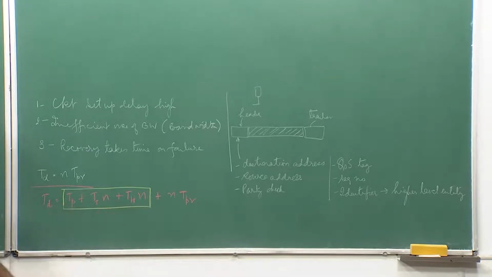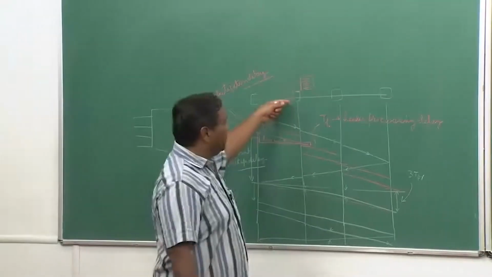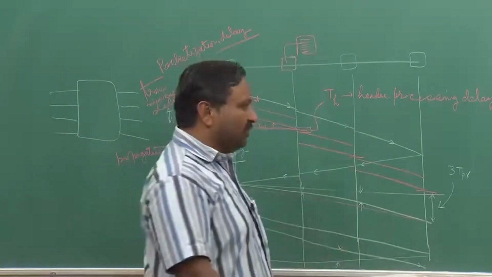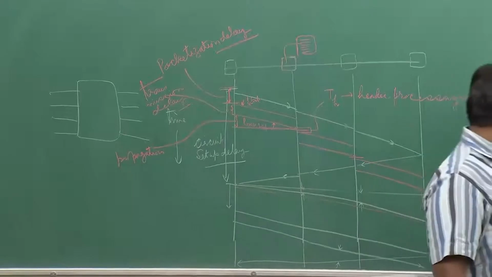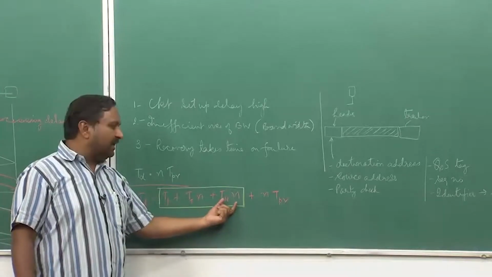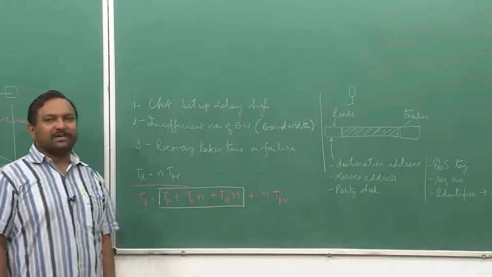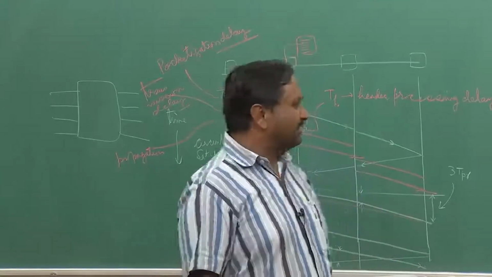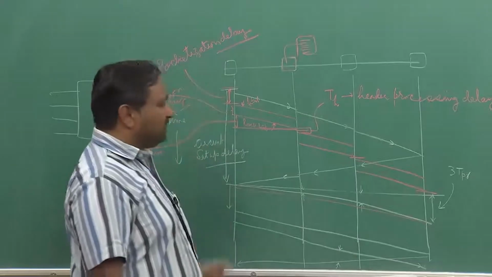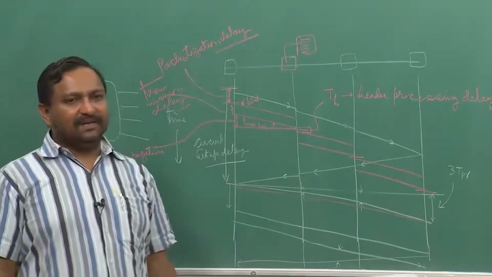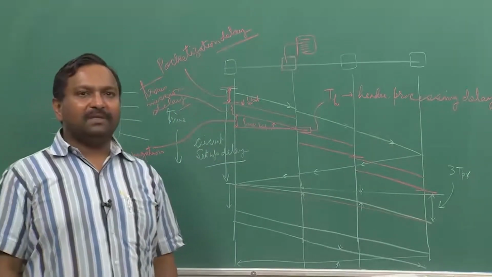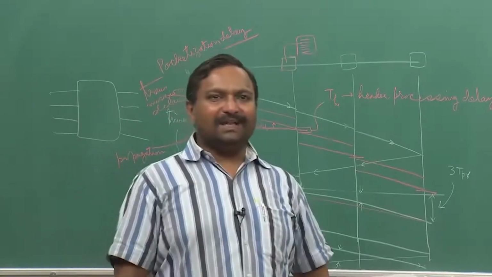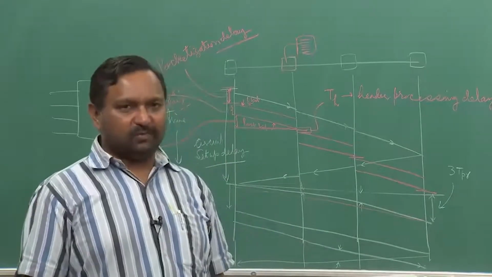So header processing, which means you search through the table, decide and then make an action, set up your switch, was very large. So for a very large number of hops, you will not be able to transport your voice or any real time traffic. So for real time traffic, circuit switching was the case. In fact, that is the reason why for a long time we had a separate telephony network which was circuit switched and a separate internet network which was packet switched.